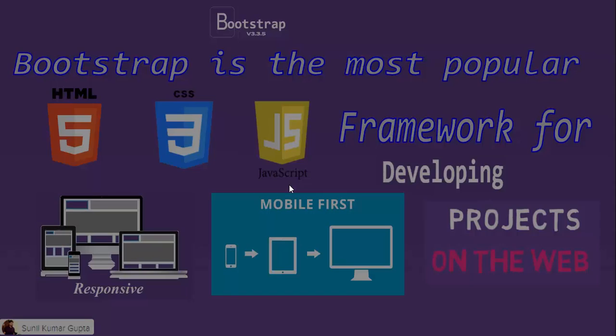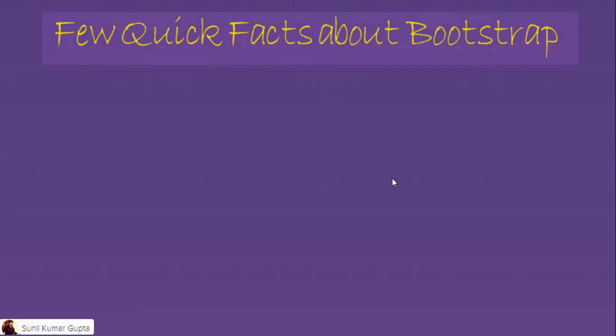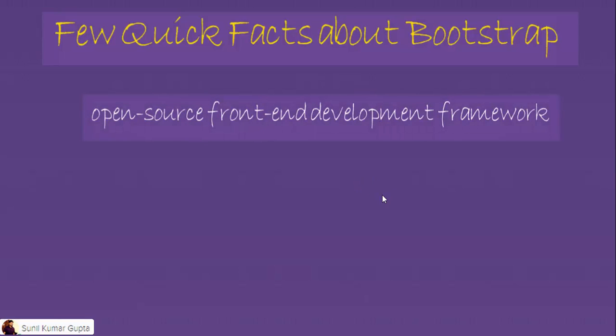Next, what does Bootstrap do for us as developers? Before looking at that, let's have some quick facts about the Bootstrap history. Bootstrap is an open source front-end development framework. With Bootstrap, we can develop the front end of a website, which is more the look and feel of a website.